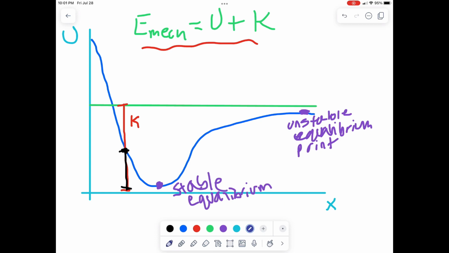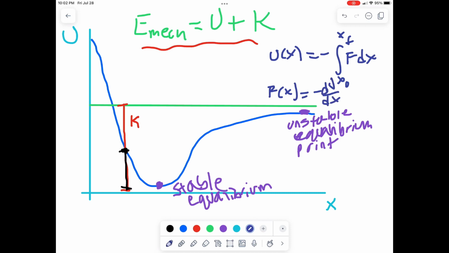So we know that potential energy is the negative integral of force times dx from some initial x to some final. And so what we can say is that the force then is just equal to the negative derivative of potential energy.